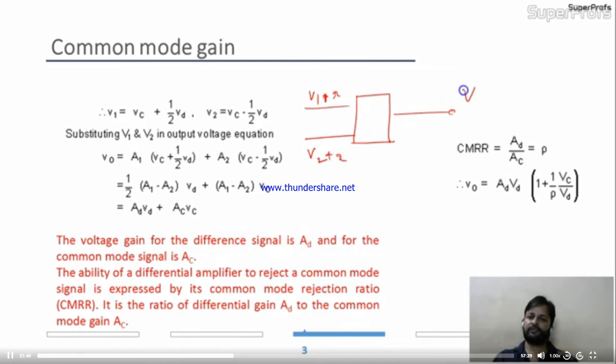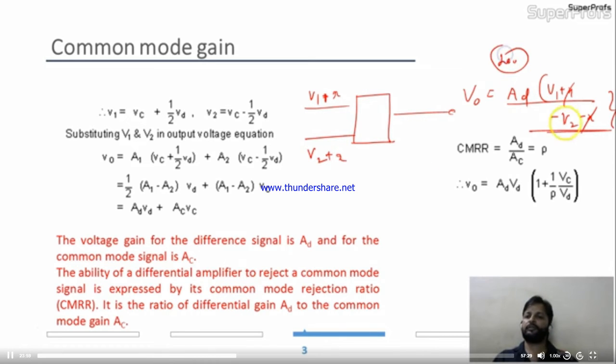At the output stage, we take V0 equal to AD times the difference of V1 plus X minus V2 minus X. So X will cancel out. Noise will be filtered out by the differential amplifier. But practically we have a very low amount of offset.